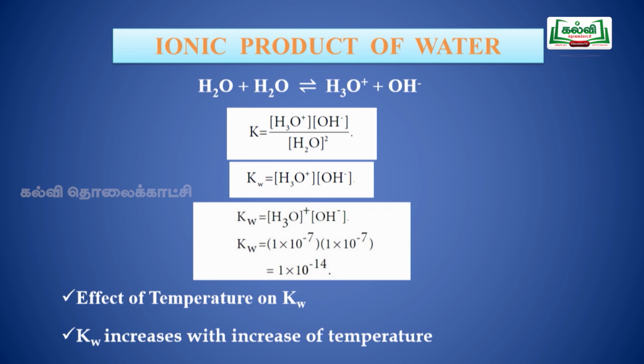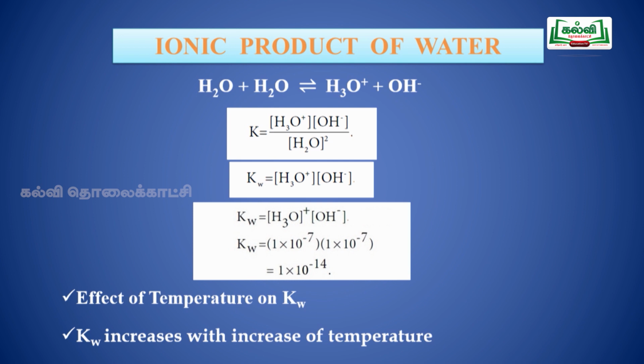The next thing you have to write is the equilibrium constant. Equilibrium constant is the ratio of the product of concentrations of the ions of the products to the product of concentrations of the reactants, product by reactant you should write, that is conventional. Okay. So, H3O plus into OH minus comes in the numerator, H2O into H2O, that is H2O square, comes in the denominator.